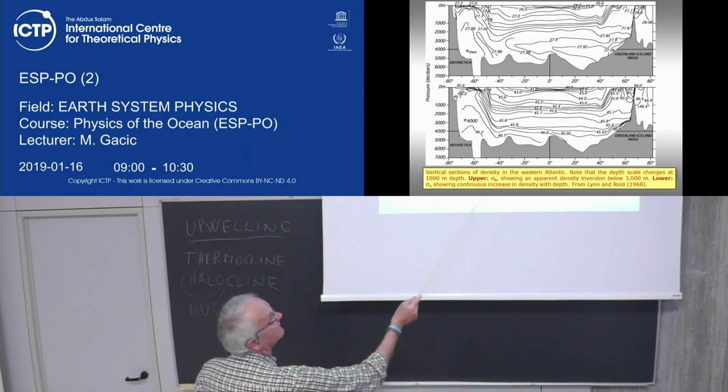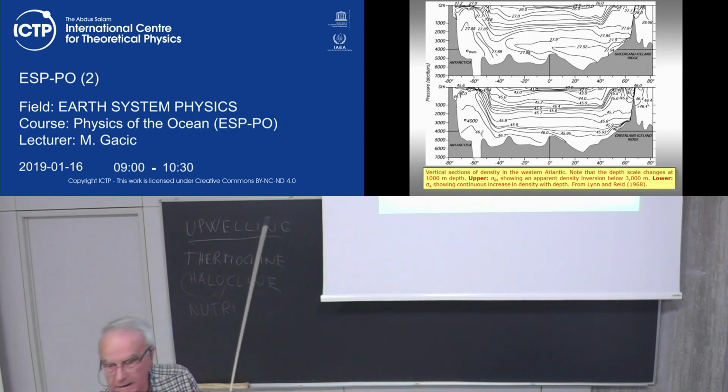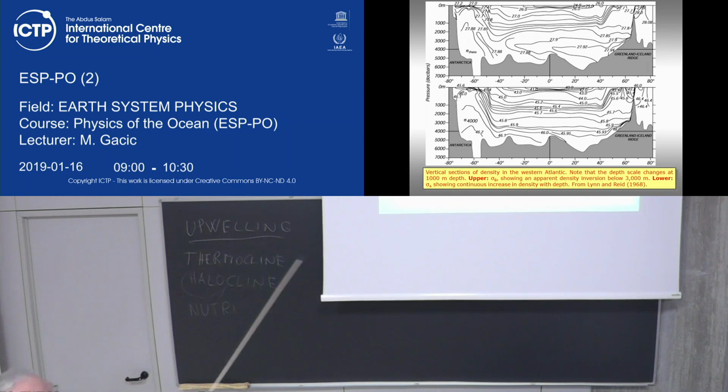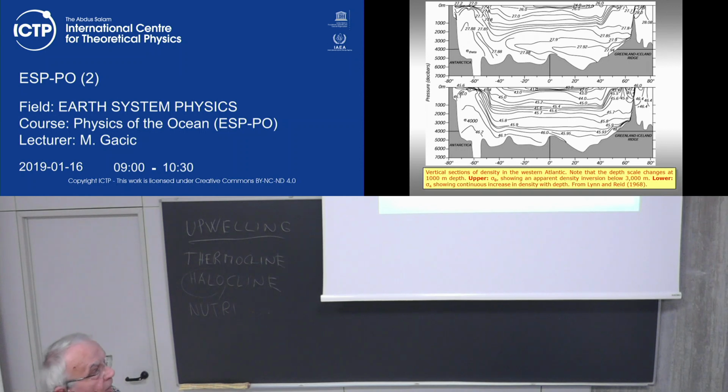In the very surface area, around 100 meters, you have the seasonal thermocline, which is due to the seasonal variability of the surface solar heating. So this is the general distribution of the vertical pattern of the density or temperature and salinity.